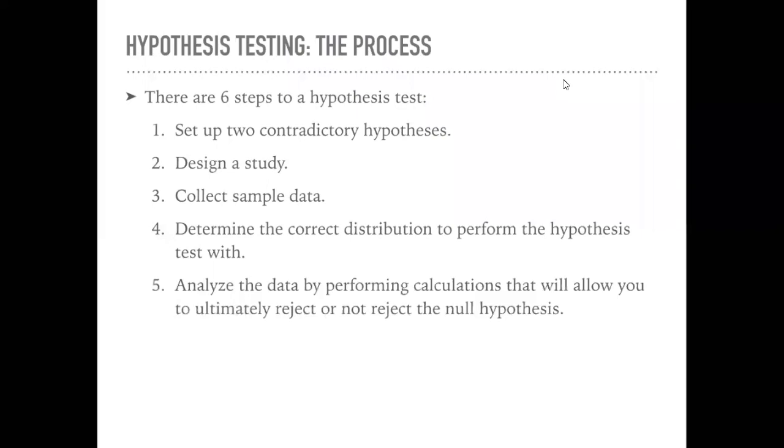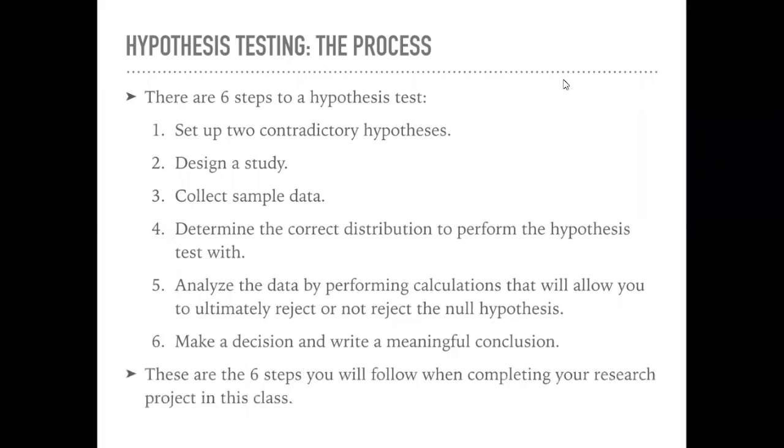The 5th thing is you're analyzing your data by performing calculations based on your distribution, and that will ultimately allow you to either reject or not reject the null hypothesis. And then we make a decision based on our calculations and rejecting or not rejecting the null hypothesis, and we write a meaningful conclusion to go with it. And this meaningful conclusion is what you are doing when you're presenting your information from your study. So these are the 6 steps that you're going to follow when you complete your research project in this class.